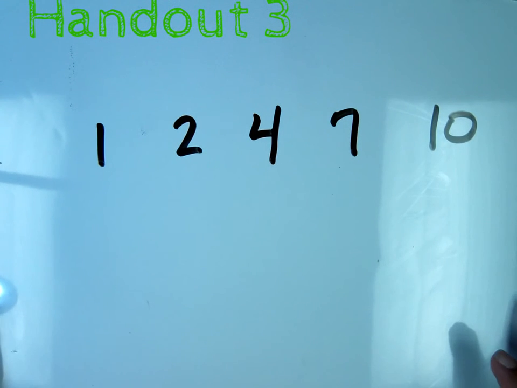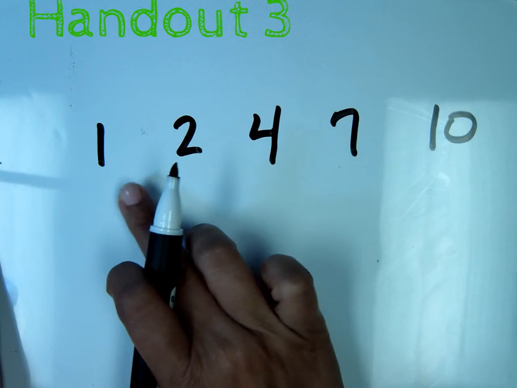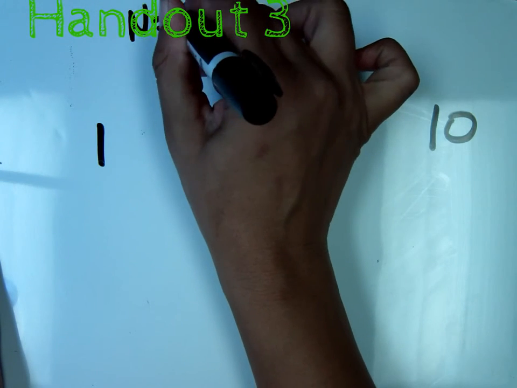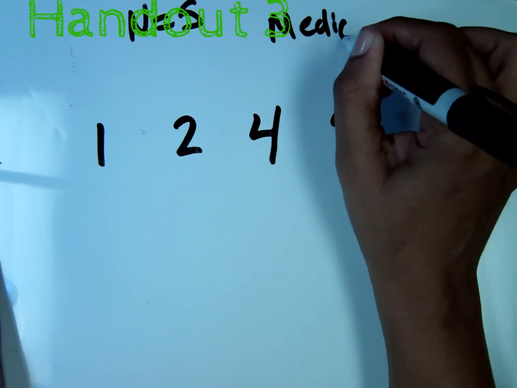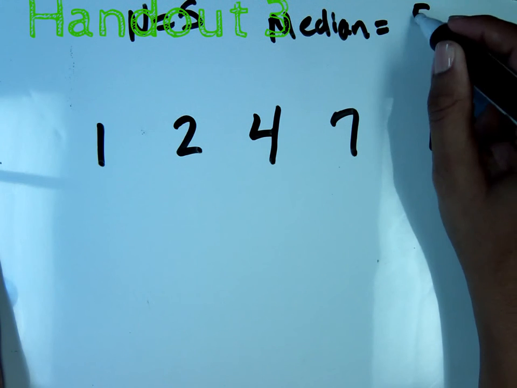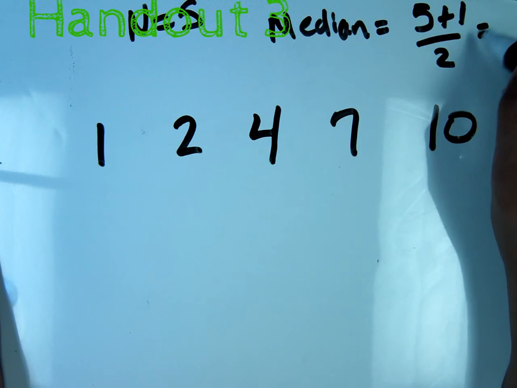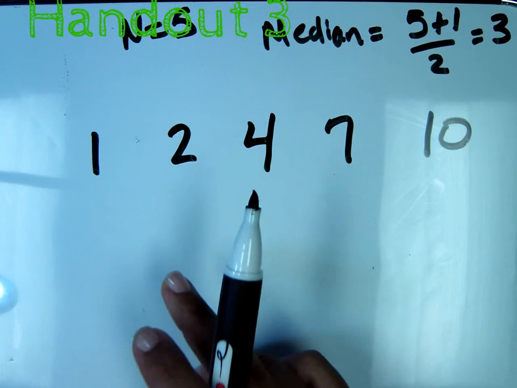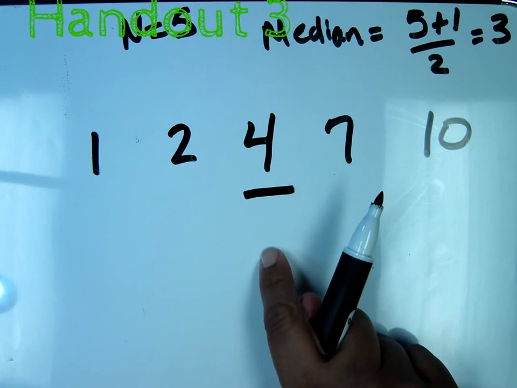This is my subset. I could average them to get the mean, or I could just simply find what the median is. Like, what is the number in the middle? So if I take my n, here my n is 1, 2, 3, 4, 5. N is equal to 5. My median is equal to 5 plus 1 divided by 2, which is 6 over 2, which is equal to 3. I would just simply find out where's the third position. So 1, 2, 3. My median is right in the middle, which is going to be 4.